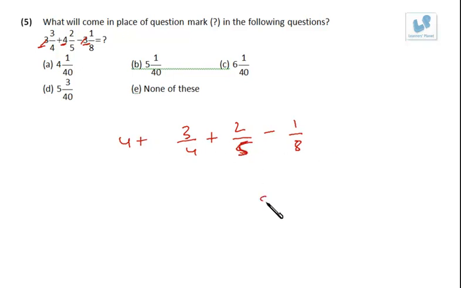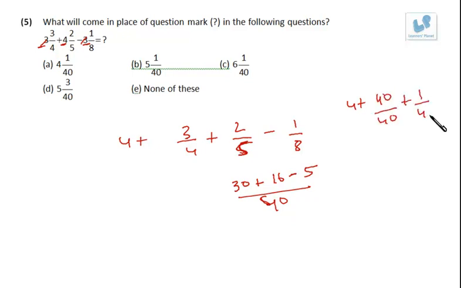So definitely your LCM will be 40. So 4 into 10, it's 30 plus 16 minus 5. So 30 plus 16, that is 46 minus 5, it's 41. So 41 by 40. So 4 plus 41/40, that means 40/40 plus 1/40. So it's 5 plus 1/40, that means 5 1/40, right?